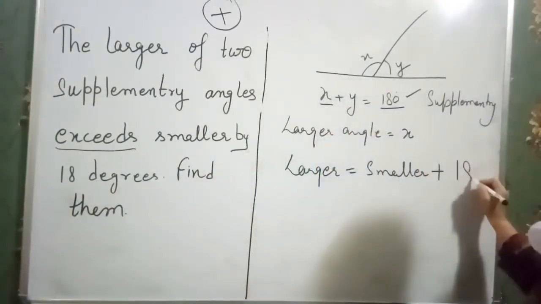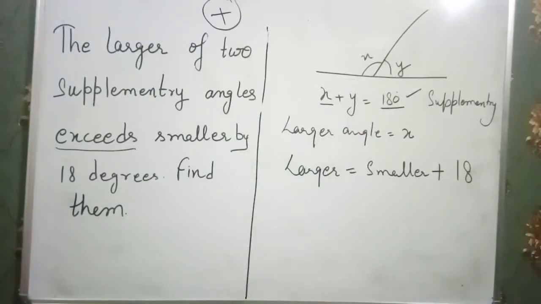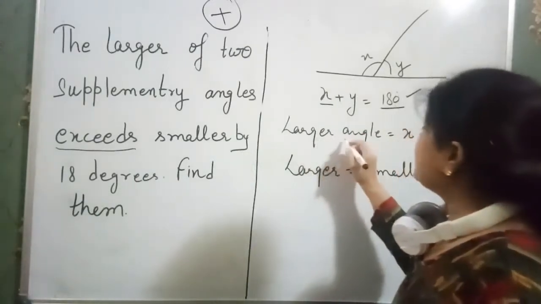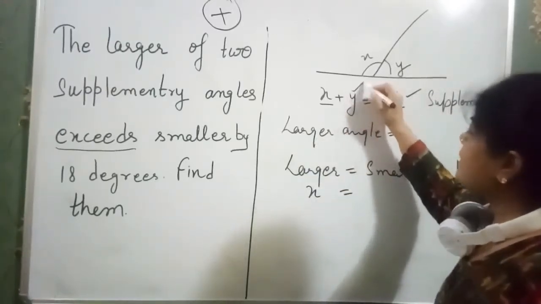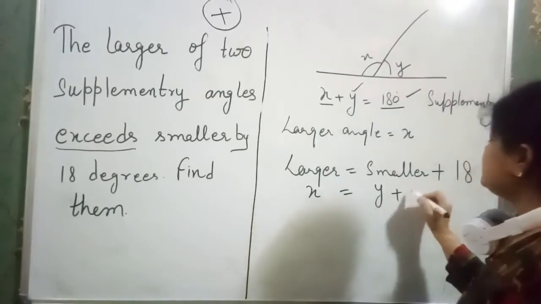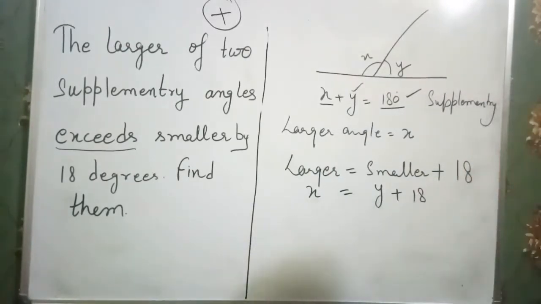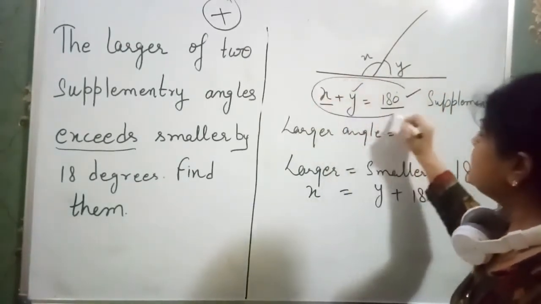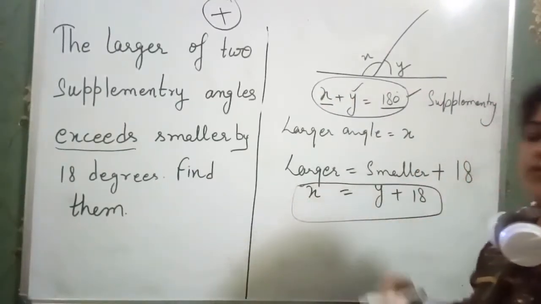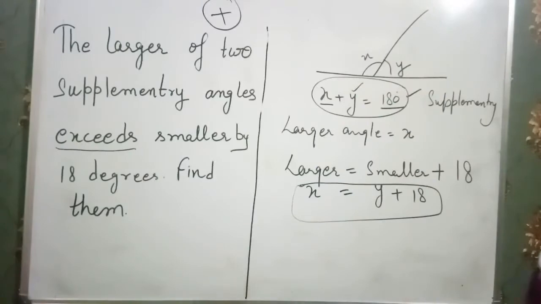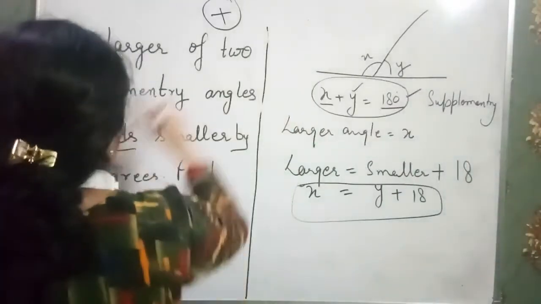Clear? Understand? So now we take the larger angle as x, and the smaller as y plus 18. So we have these two equations, and using these two equations we find our answer. Let's see how we do this.